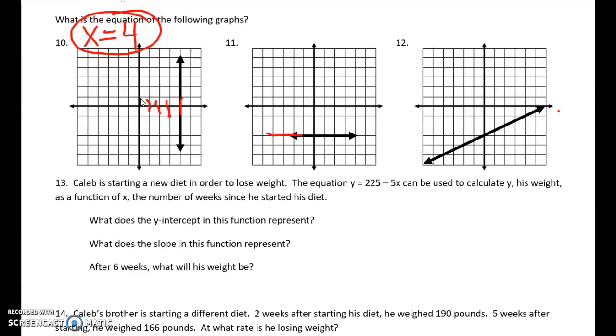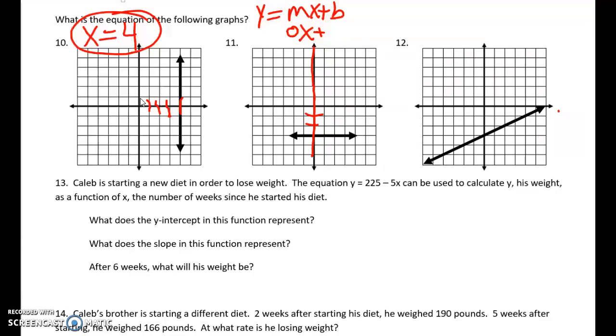Number 11, similar, but a little bit different. I know a horizontal line has a slope of 0. You guys always want to treat 0 differently than any other slope, but 0 is a normal slope. I can have mx plus b with a 0 slope. My m is just 0. My b is still my normal y-intercept.